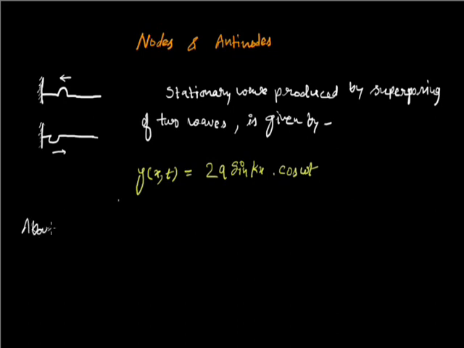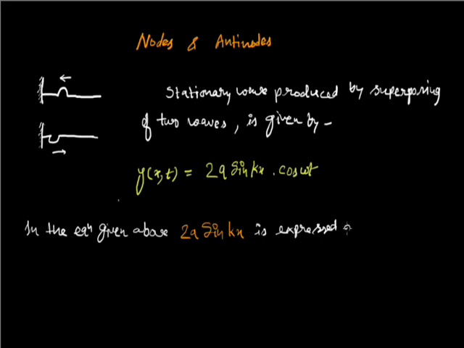In the equation given above, 2a sin kx is expressed as the maximum displacement of an element at position x.